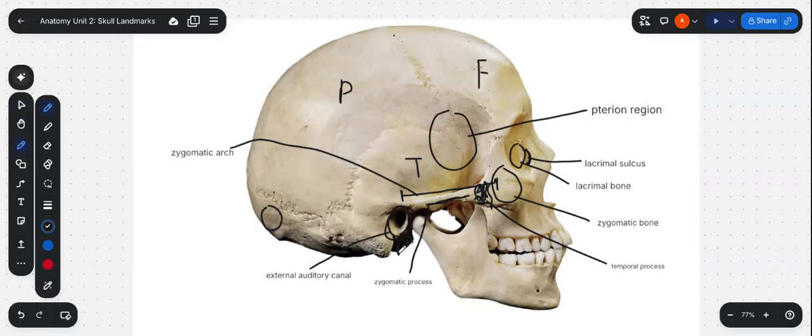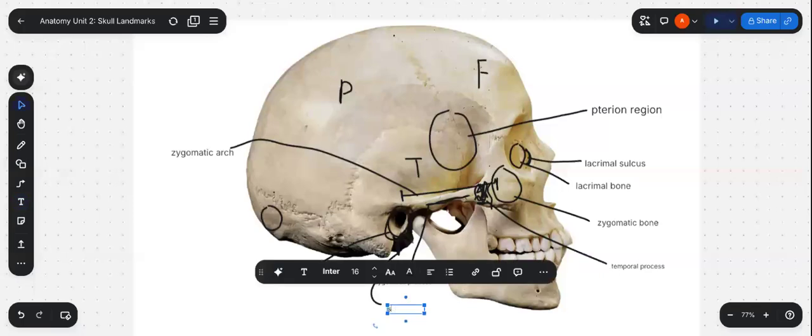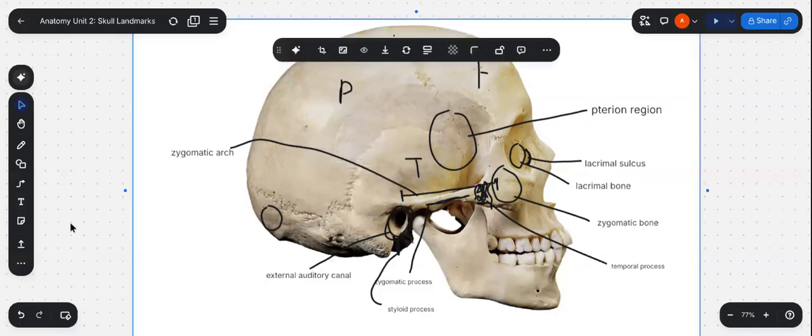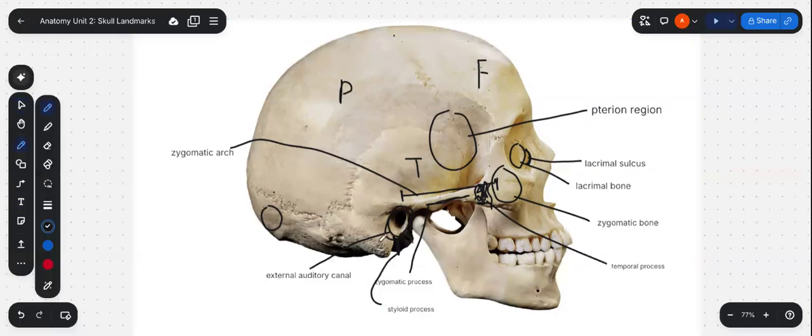So styloid process looks like a fang. And then right next to it, this thicker projection over here, that is your mastoid process.